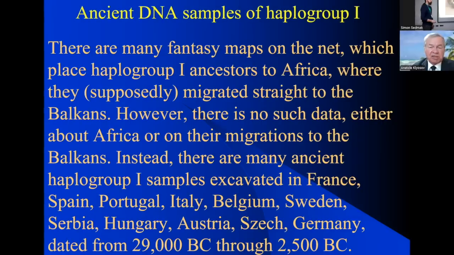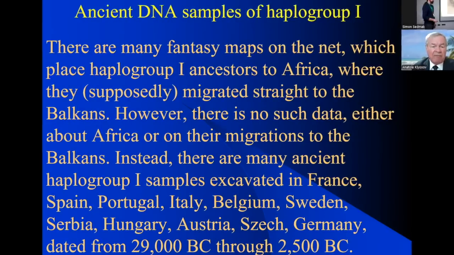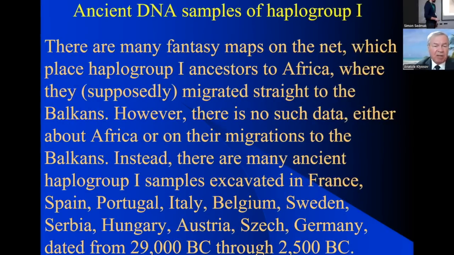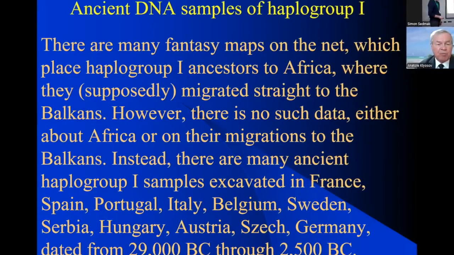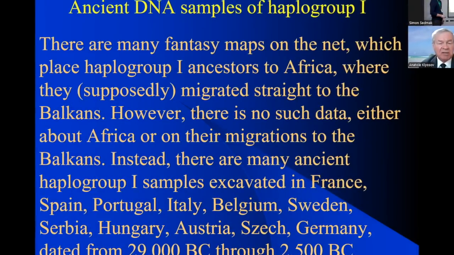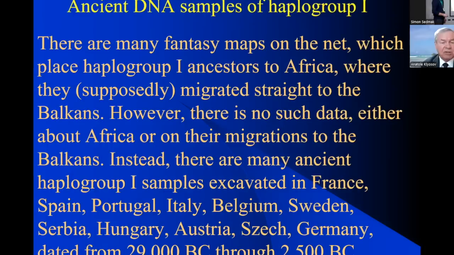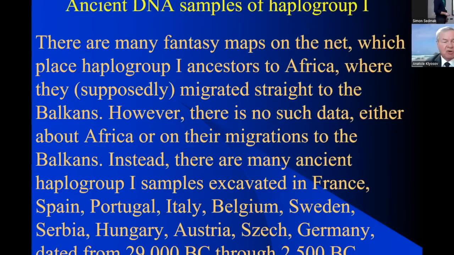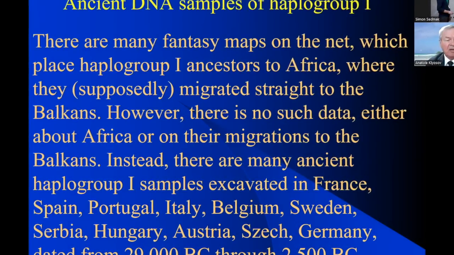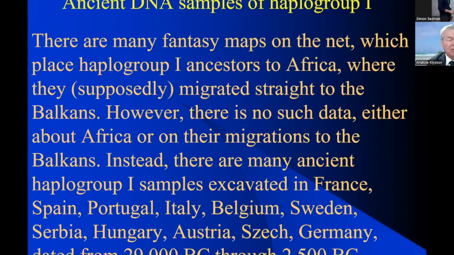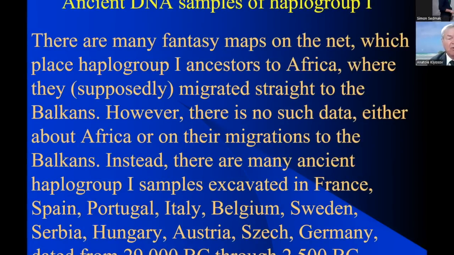However, there is no such data, either about Africa or the migrations to the Balkans. Instead, there are many ancient haplogroup I samples excavated in France, Spain, Portugal, Italy, Belgium, Sweden, Serbia, Hungary, Austria, Czech, Germany, and they are dated from 29,000 years BC through 2,500 years BC.